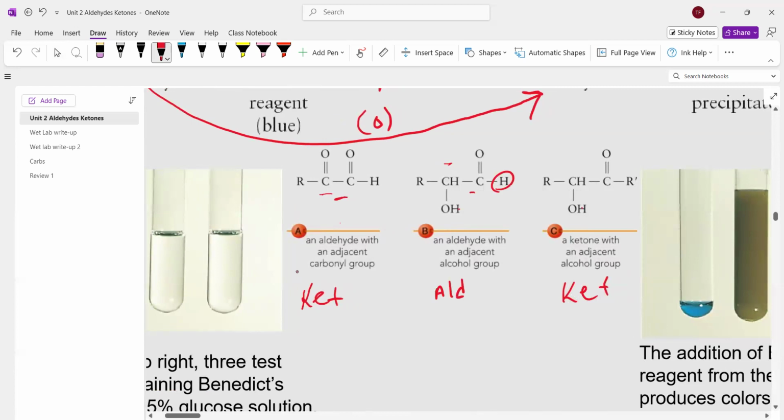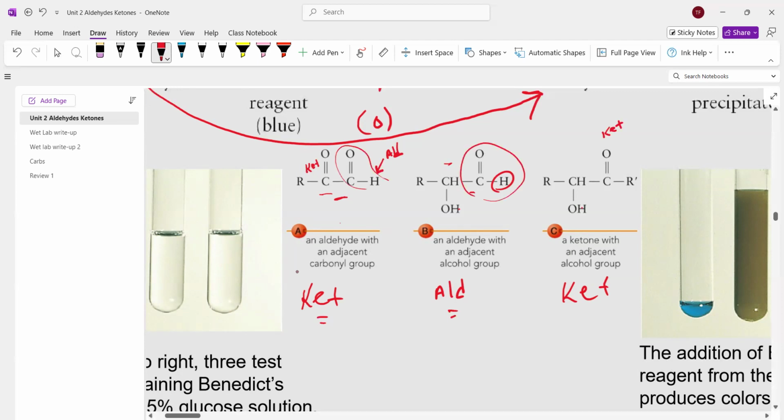Okay, so you've got this guy, so this is the ketone part over here. This is functioning as an aldehyde here. This is a ketone only. And this is a combination of alcohol and aldehyde. So these you could predict you'd get a positive reaction because of this part here.